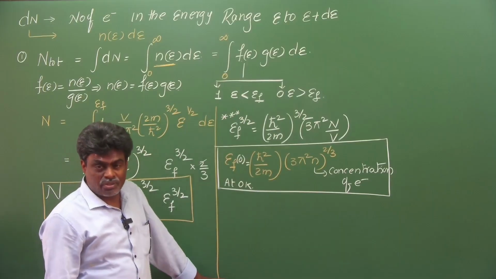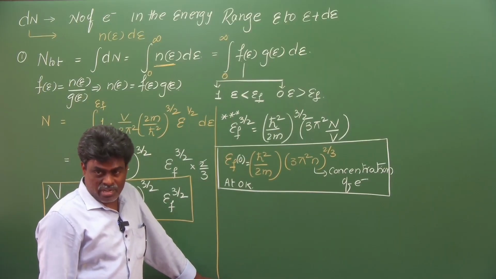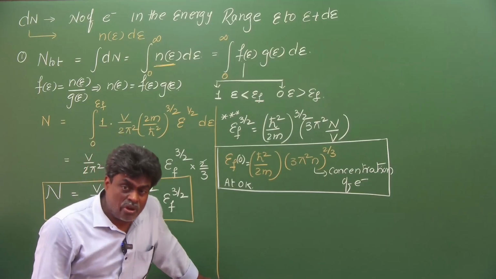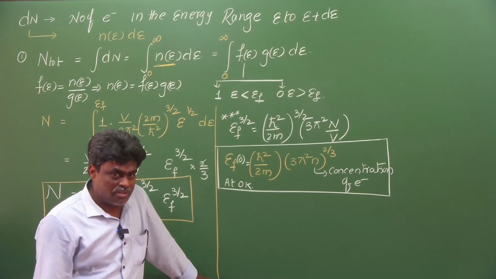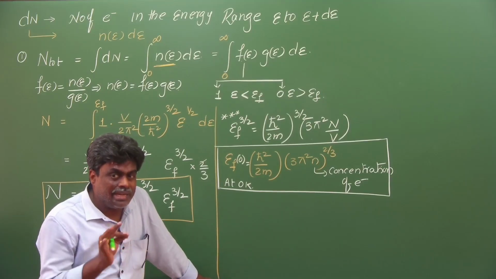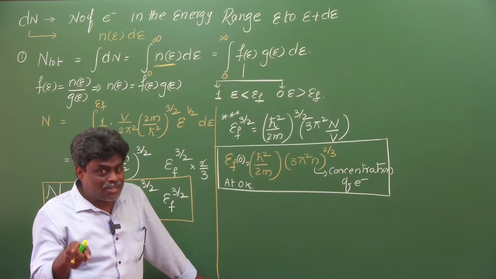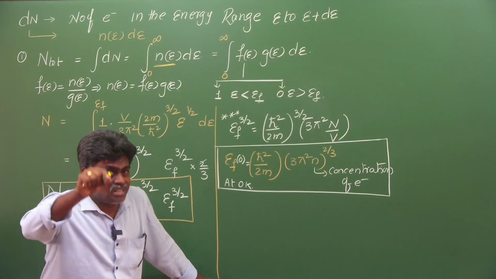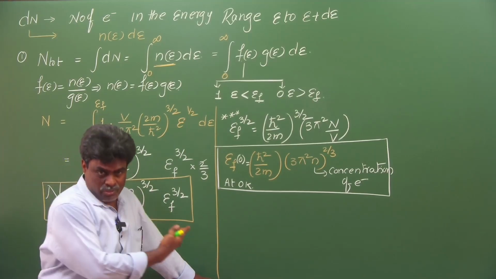EF of 0. What is the meaning of 0? 0 Kelvin. If your system is strongly degenerate at T equal to 0 Kelvin, the Fermi energy is independent of temperature. If it is not strongly degenerate, the Fermi energy varies with temperature. That also we have to derive, but first today let us focus on this.